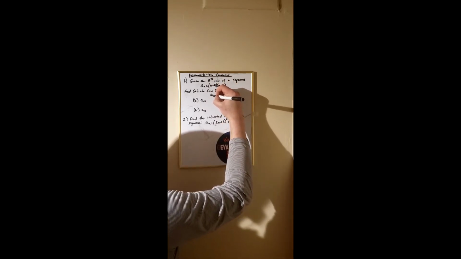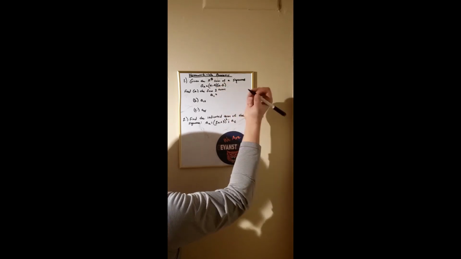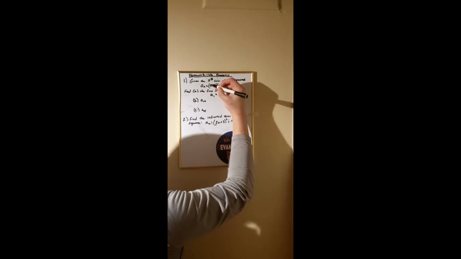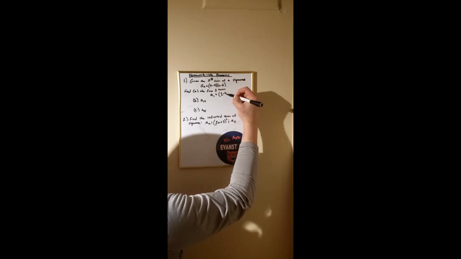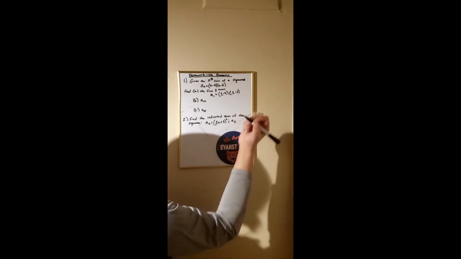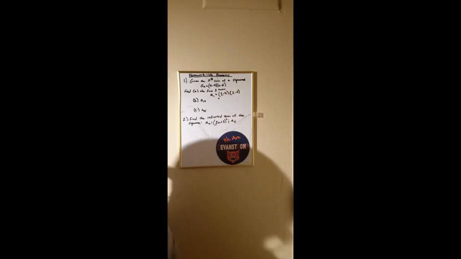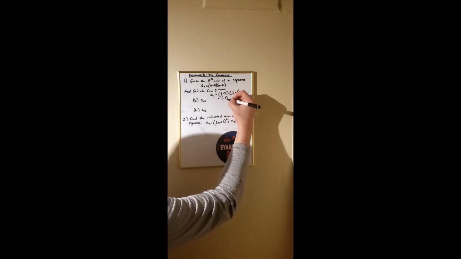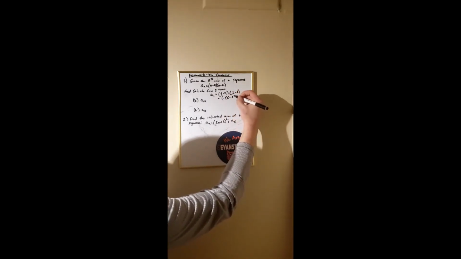So, we're going to find a sub 1 first, and we're going to do that by plugging in 1 for this n and for that n. This gives us -3 times -1, which is +3.